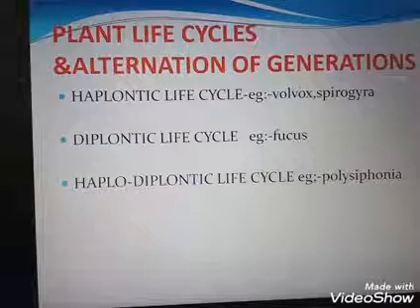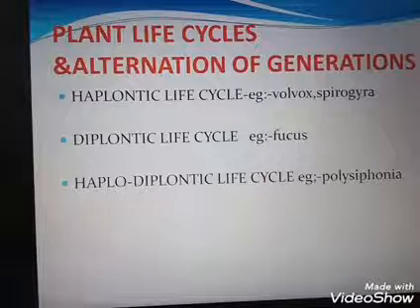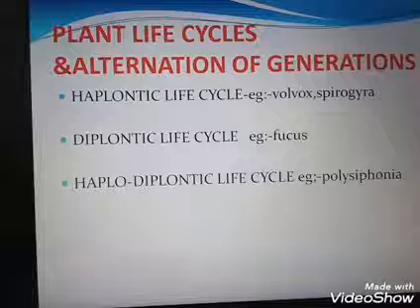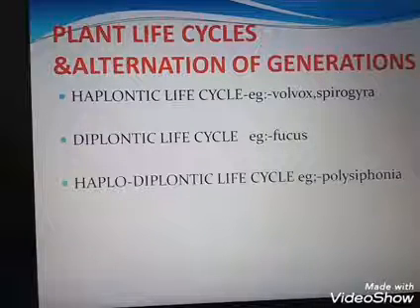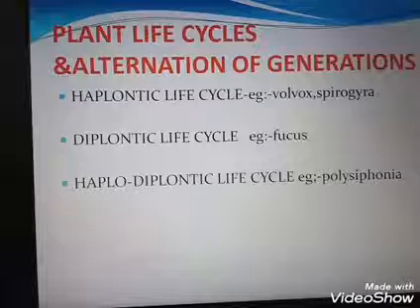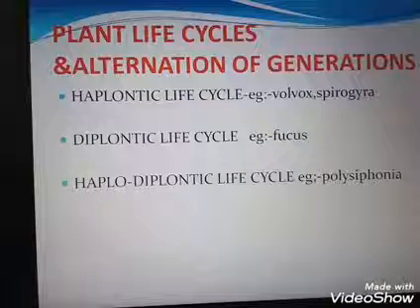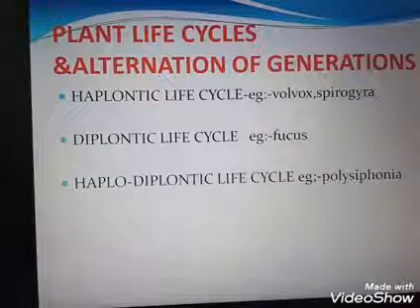So haplontic life cycle means the dominant phase is haploid, that means gametophytic. Okay. And the diplontic life cycle means the dominant phase is diploid, that means sporophytic. Haplodiplontic means they give equal importance to the haplontic and the diplontic phases.